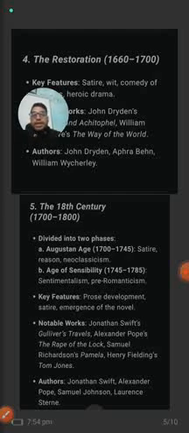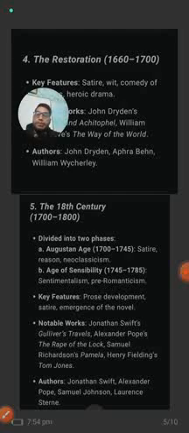So the 18th century is divided into two phases. A, the Augustan age, starting from 1700 to 1745, and the main important points there: satire, reason, neoclassicism, all were seen there. B, the age of sensibility, right?